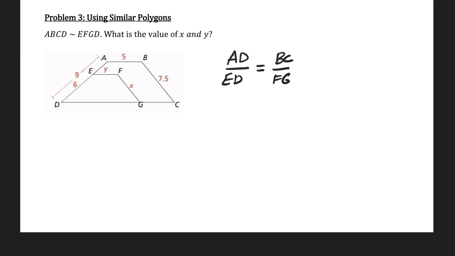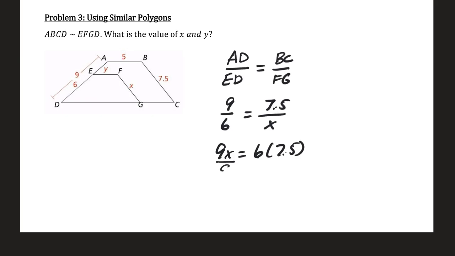So AD is 9, ED is 6, BC is 7.5, and FG is X. What you want to do here is multiply 9 times X, which is 9X, and then multiply 6 times 7.5. The last thing you want to do is divide both sides by 9. So X is equal to.